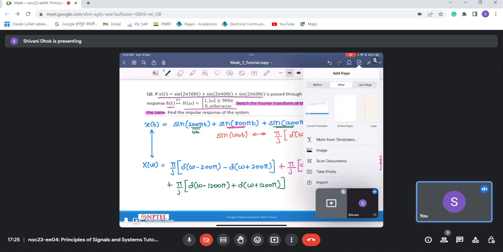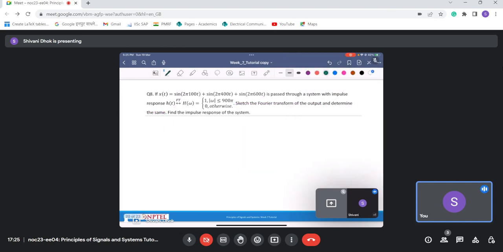So this is the Fourier transform of my input signal. I'll just reiterate the same thing.